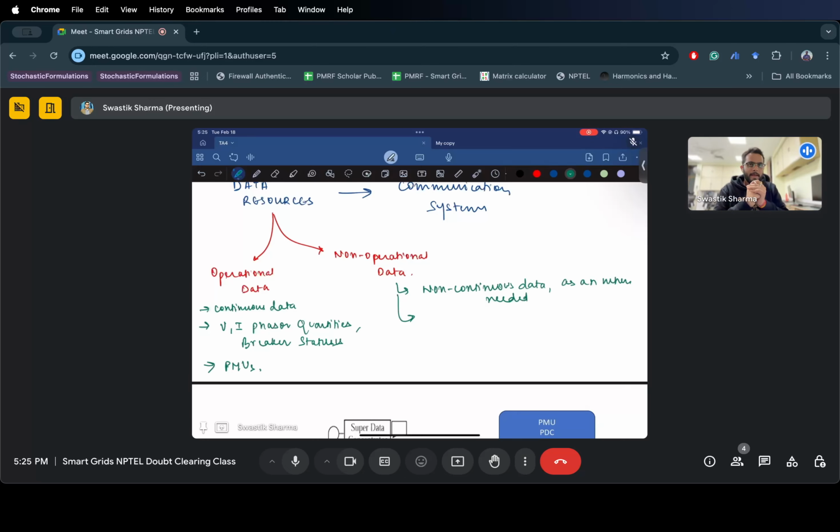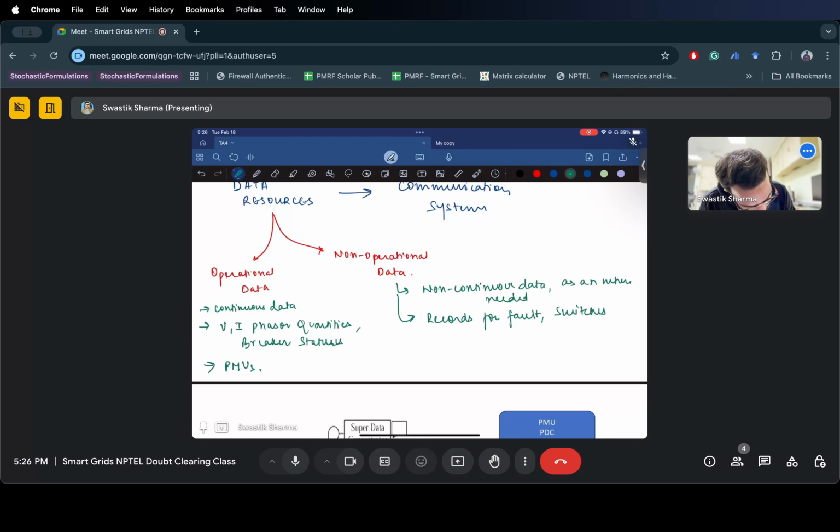You want to have records of faults, switches, etc. You don't require all of this data all the time. It doesn't happen continuously, so it's not continuous data. Just before the fault, during the fault, and after the fault, data is sufficient to determine the cause of the fault, and that is why it's called non-continuous or non-periodic data.